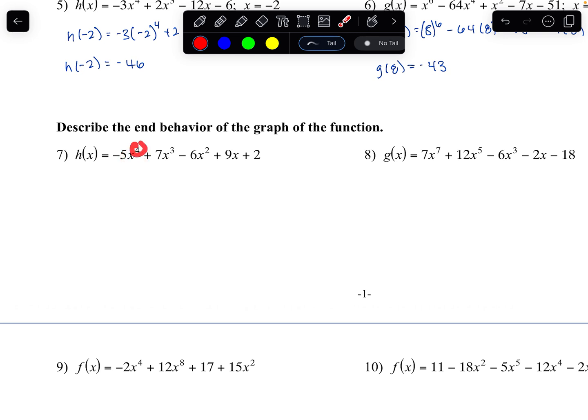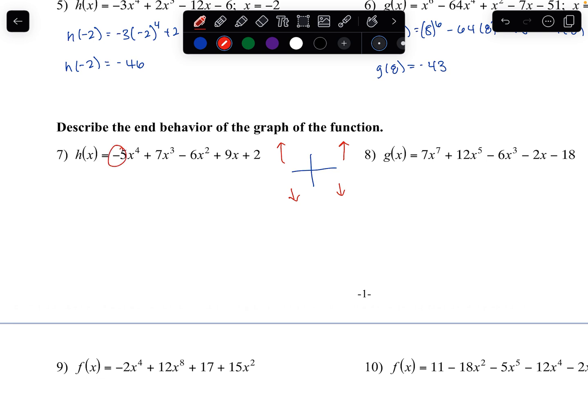Because the degree is even, as x gets really, really large or really, really small, both ends are going to approach large values or small values on the left and on the right.